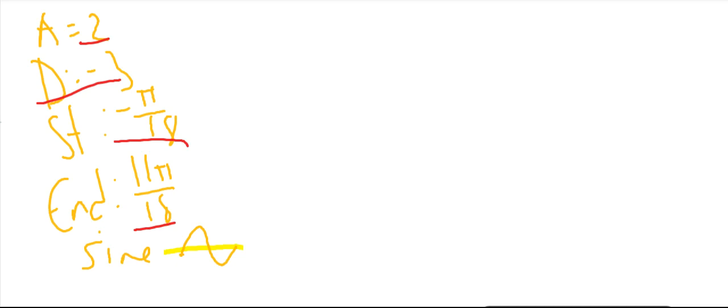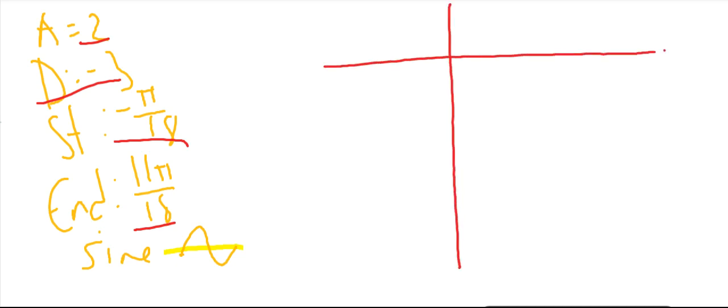So let's draw it like that. This is the XY axis, okay? Let's do our midline first because that's always the first thing we do. At -3, okay? And so then I can go ahead and draw my midline.